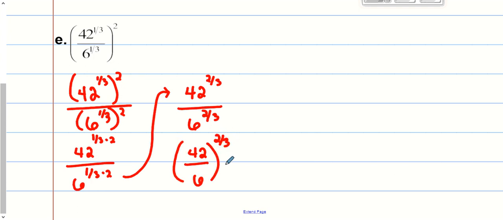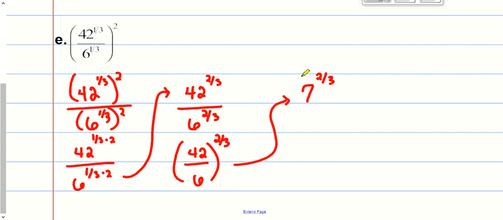I can undistribute that power. If I undistribute that power, now I have 42 divided by 6. Well, I can work inside those parentheses first. 42 divided by 6 is 7. And so now I've got 7 to the 2/3 power. So that is going to be our answer.